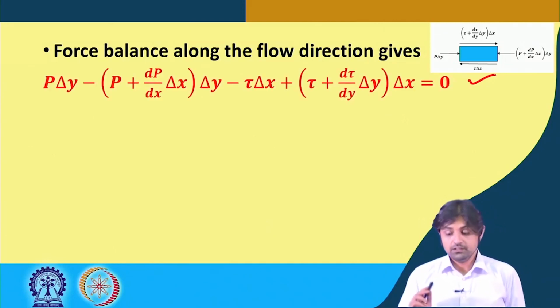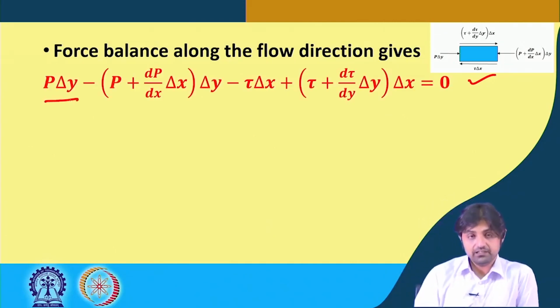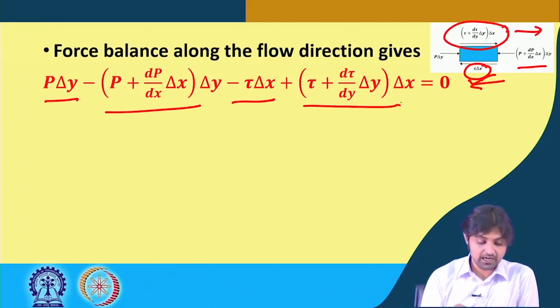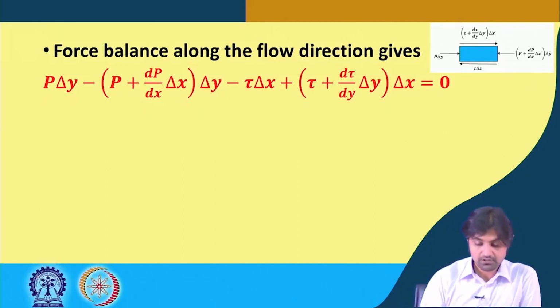Okay. So, you see P delta y, that is force per unit length, minus this one here, and this again is in the negative direction, T delta x. So, minus T delta x, and this is in the positive direction, so this is plus, and that all equals 0.